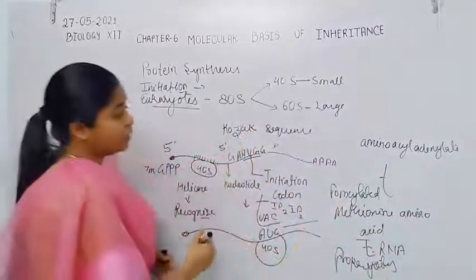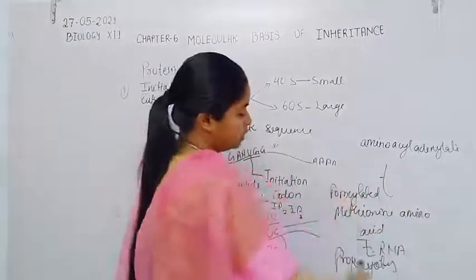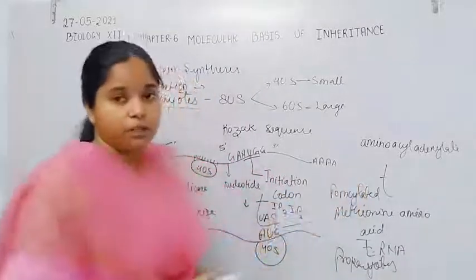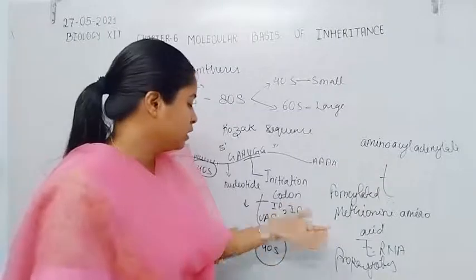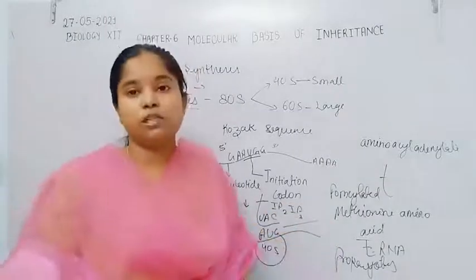But in eukaryotes, there is simply methionine. Only the formylated methionine is present in prokaryotes, whereas in eukaryotes only plain methionine is present.